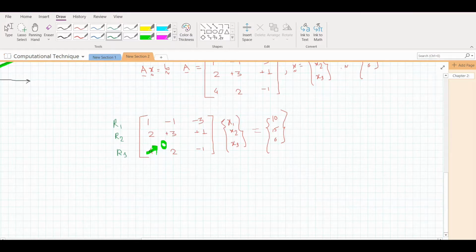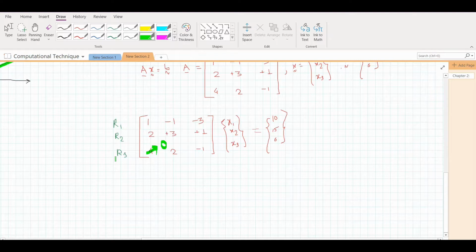So to get this, we have to perform some mathematical formulations. We can do two operations. You can either do some manipulation in R3 or R2, keeping R1 same, or you can do manipulation of R1 and R2, keeping R3 same.